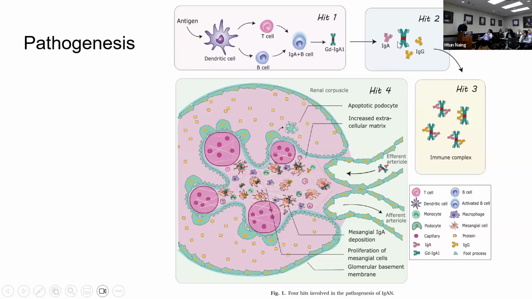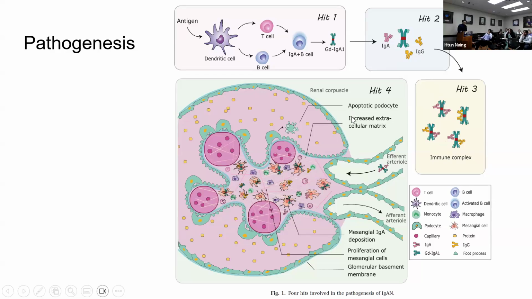It's going to form the immune complex, deposit in the mesangial area of our glomerulus, and trigger mesangial proliferation and expansion. That's called hit 4.